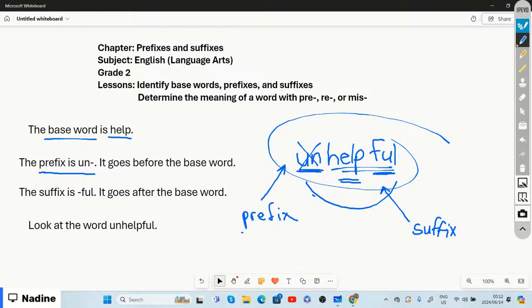But as soon as we, for example, say unhelpful, then unhelpful is the opposite of helping. You are not helping. You're not being helpful. So do you see how the meaning of the words changes just by adding either a prefix or a suffix to that specific word?